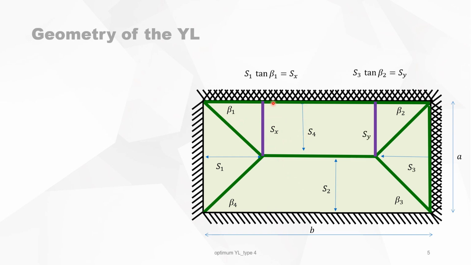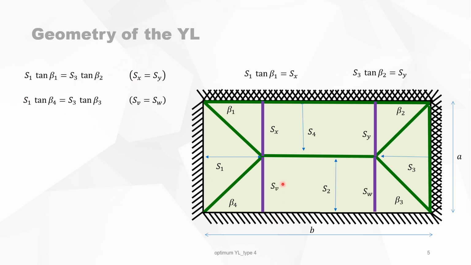So Sx is equal to S1 tangent beta 1, and on the other side, Sy is S3 times tangent of beta 1. This should be equal, so Sx is equal to Sy, and then we can do the same on the south side for Sv and Sw, which gives you another relationship. And then we find that there is a relationship between the four angles.